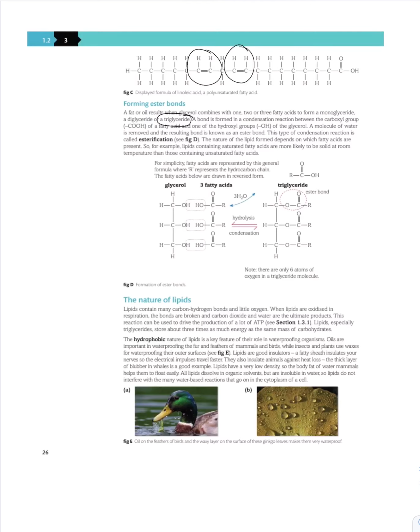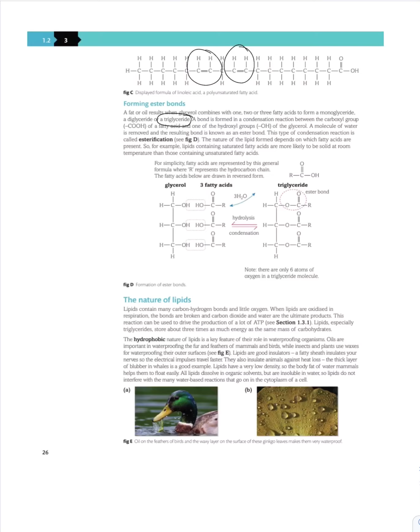A bond is formed in a condensation reaction between the carboxyl group of a fatty acid and one of the hydroxyl groups of the glycerol, so again producing water. A molecule of water is removed and the resulting bond is known as an ester bond. This type of condensation reaction is called esterification.